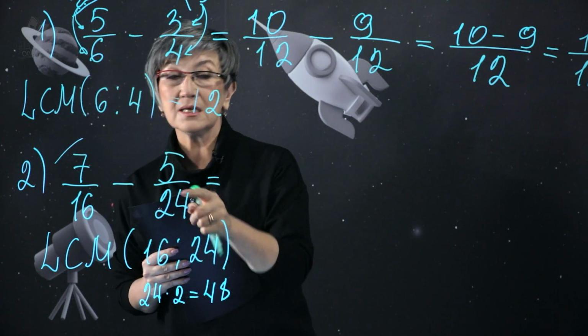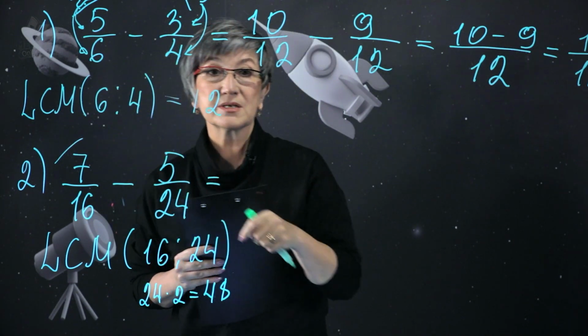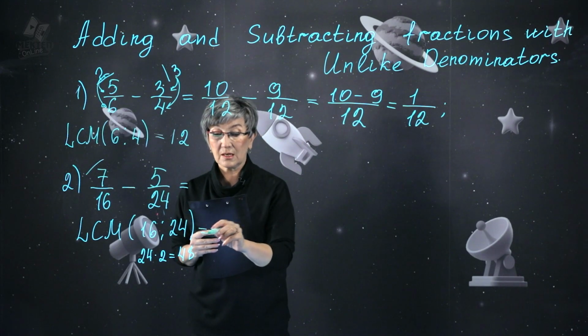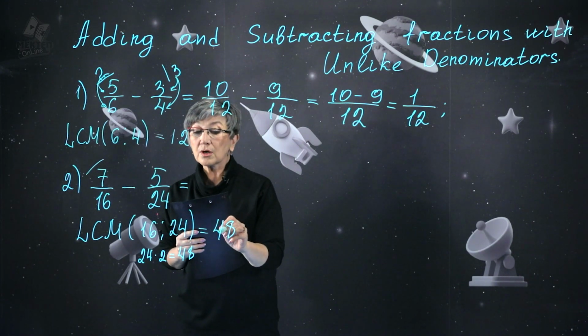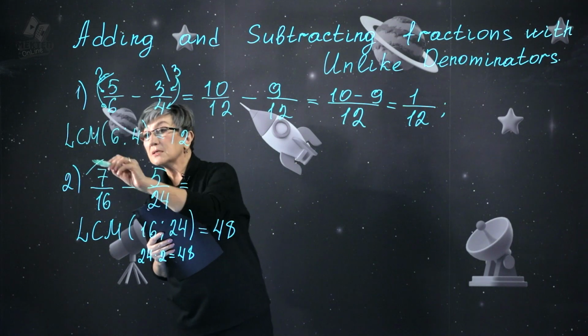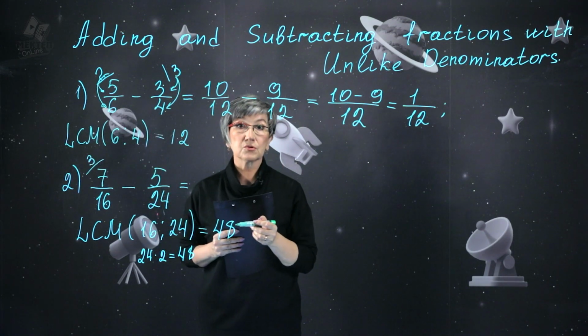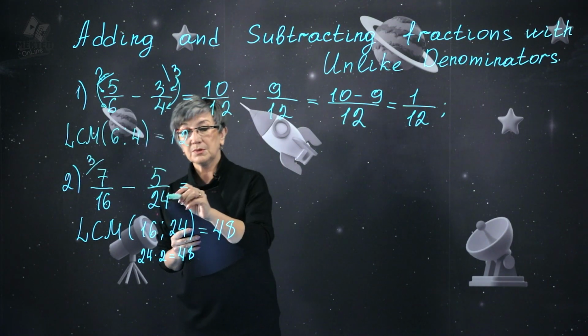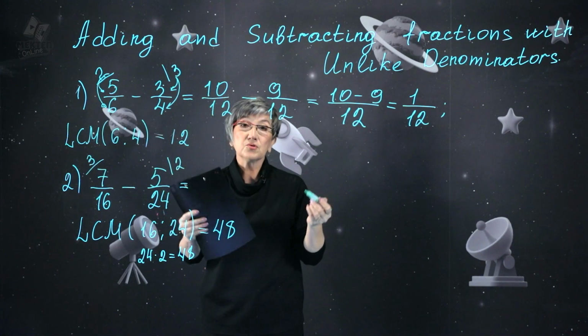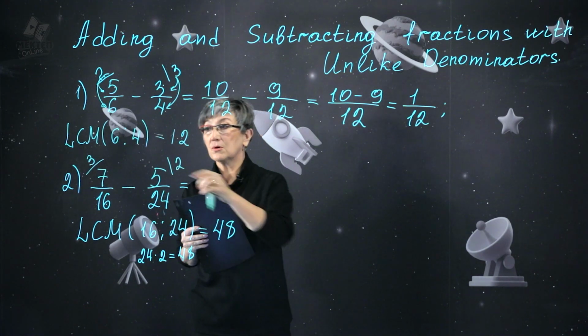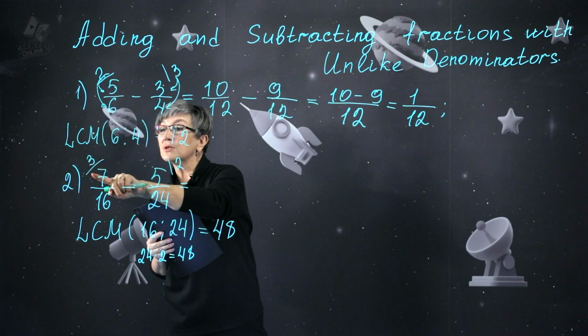To accomplish this, I write down the number 48. Consequently, I divide 48 by 16, which produces 3. Furthermore, dividing 48 by 24 gives us a quotient of 2. With this information, it is now possible to achieve a common denominator. By multiplying 3 by 7, we obtain 21.